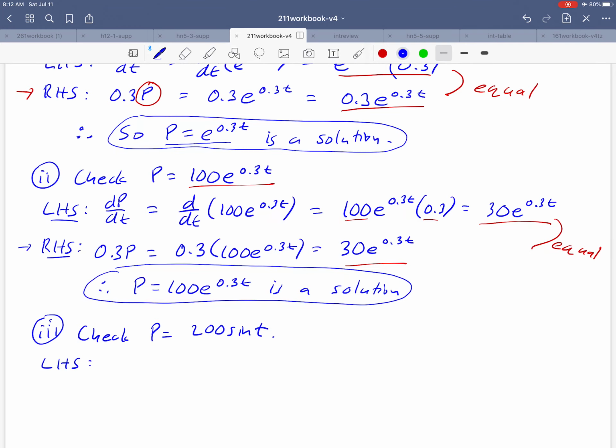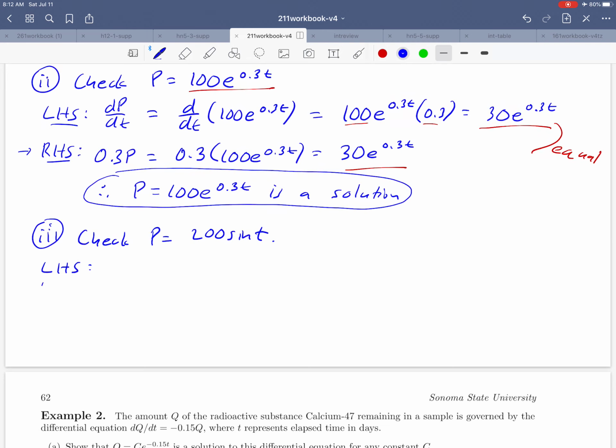Right, so this is going to start out the same as it did before. The left-hand side is going to look like dp dt equals, plug in the p, and we're going to be taking the derivative of 200 sine of t. What do we get when we take that derivative? Well, the derivative of sine is cosine, so we're just going to get 200 cosine of t. There's the result of our calculation on the left.